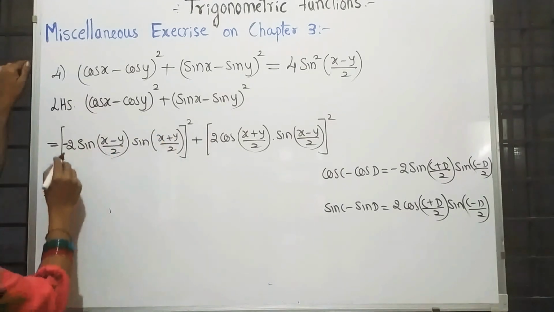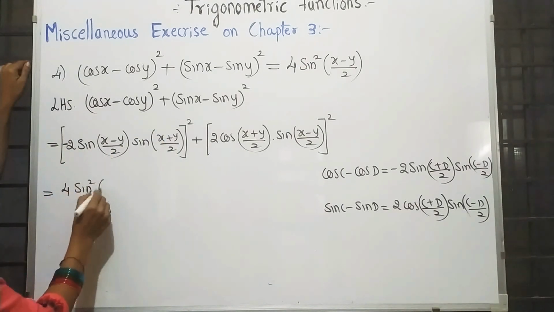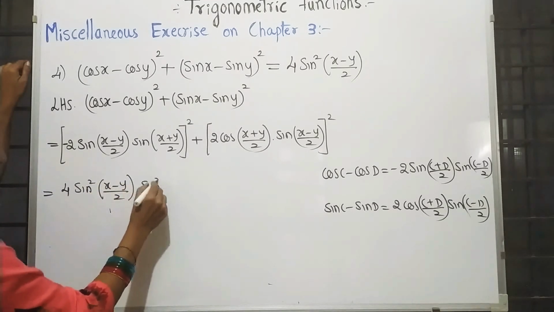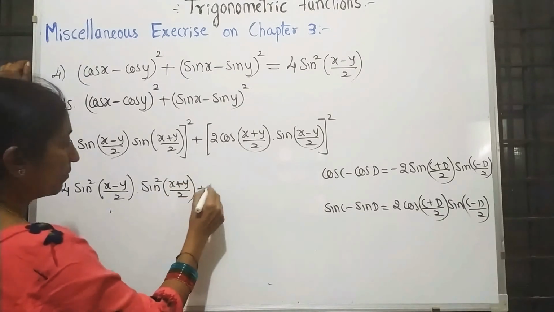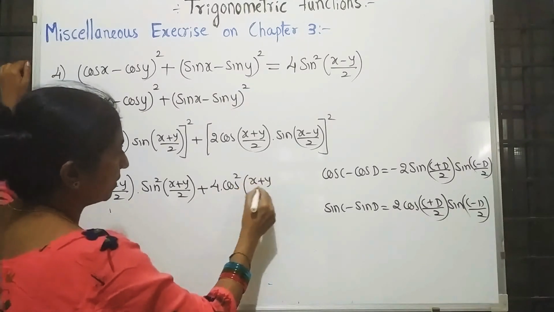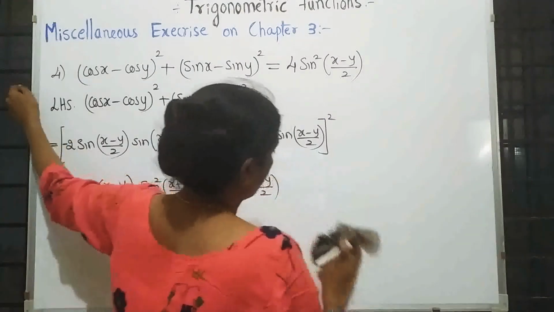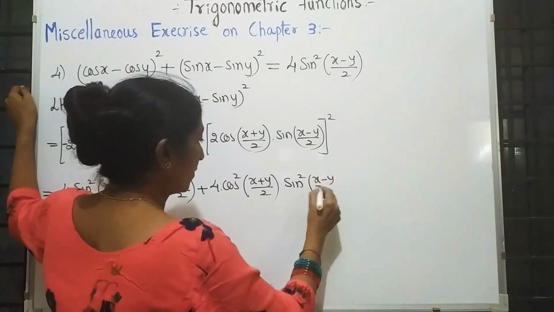Take a square. Minus 2 square becomes 4. Sin square x minus y by 2 into sin square x plus y by 2 plus 4 cos square x plus y by 2 sin square x minus y by 2.